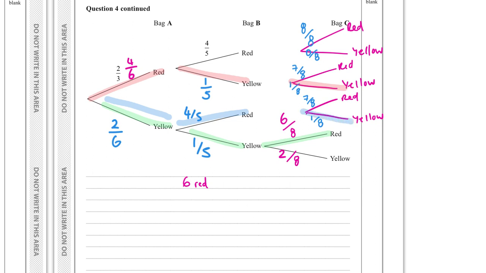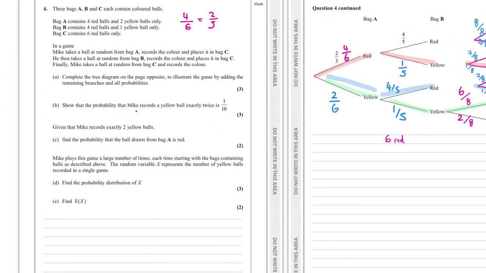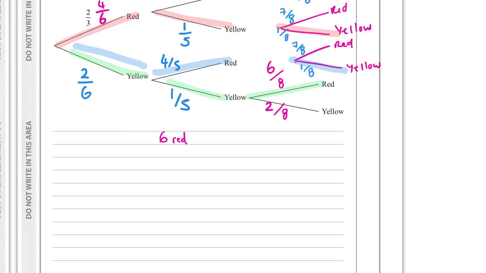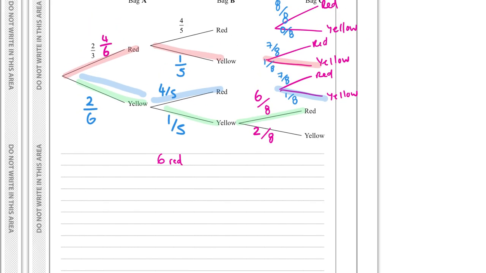Okay, so we have the three options there. This is the only way to get two yellows, and that's what it says: records a yellow ball exactly twice. So what is the probability of this? So for the first one, we could have red, yellow, yellow. We could have yellow, red, yellow. And then yellow, yellow, red.